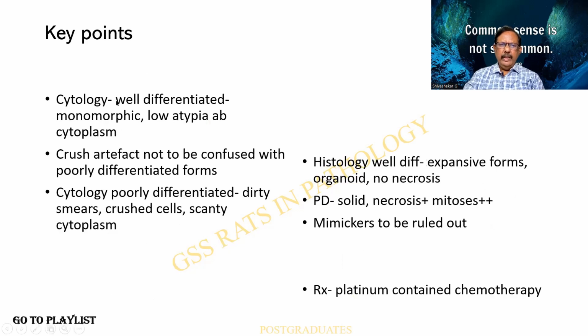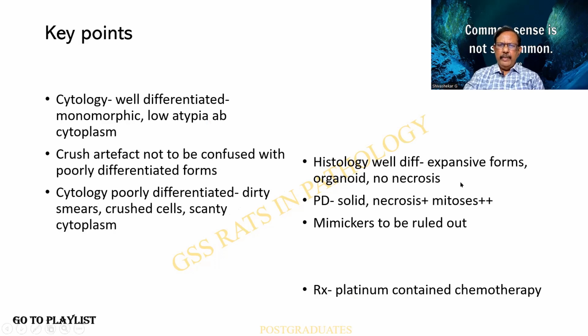The key points are, in cytology, well-differentiated, monomorphic, low N/C ratio, and there is abundant cytoplasm of the tumor cells. Crush artifact must not be confused with poorly differentiated cells. And in cytology of the poorly differentiated cells, there will be dirty smears, crushed cells will be present, and scanty cytoplasm or increased nuclear cytoplasmic ratio.